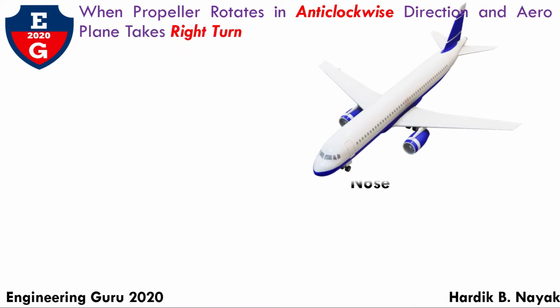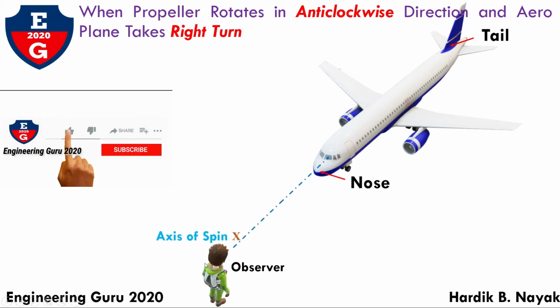So this is the nose and this is the tail. You can also call this the front end and this the rear end. Here the condition is that the propeller rotates in anti-clockwise direction, and the axis about which it is rotating is called the axis of spin. And here this is the observer.